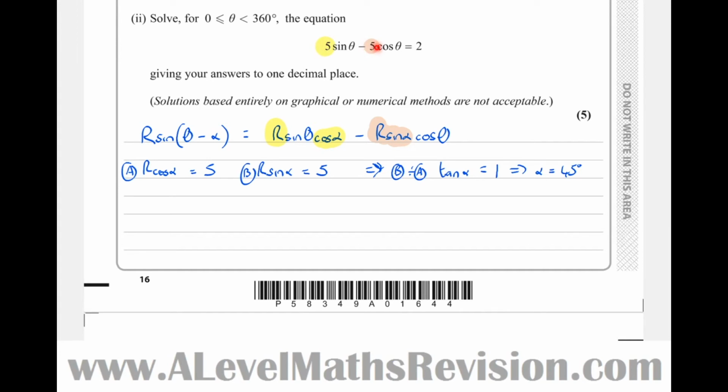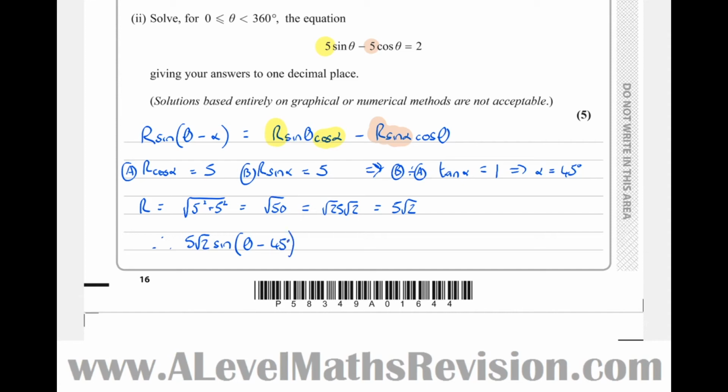I've done a video in depth on the proof behind this, but we're just taking for granted that you understand how to do it here. So r equals the square root of 5 squared plus 5 squared equals root 50 equals root 25 root 2 equals 5 root 2. Therefore, we can change this equation here to 5 root 2 sine of theta minus 45 degrees equals 2.